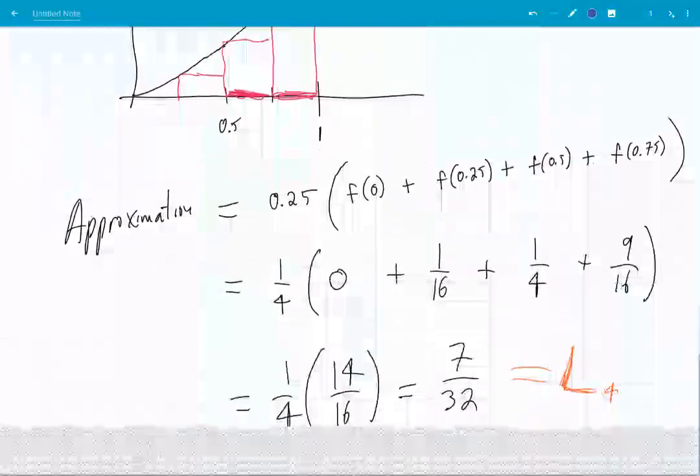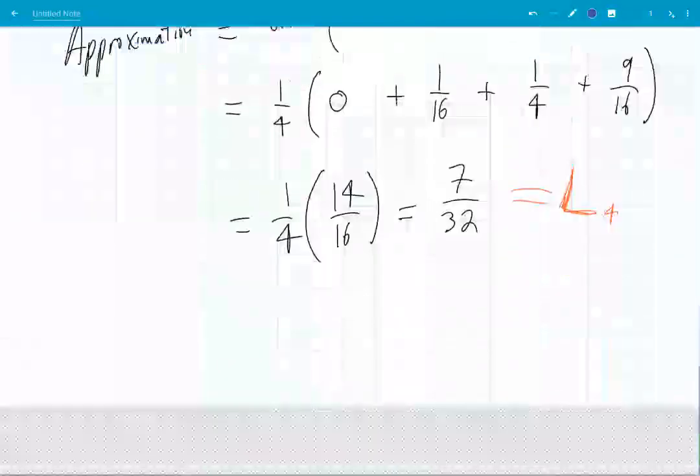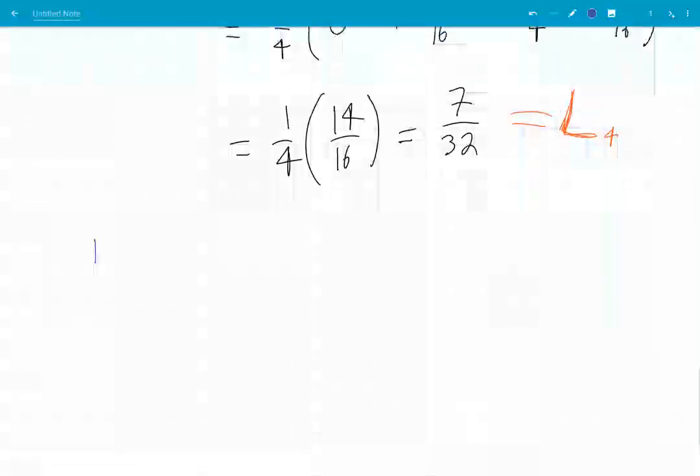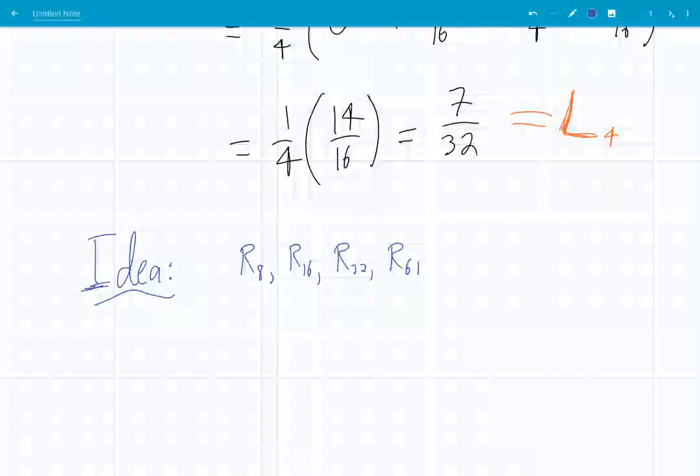Now, I hope you agree that the approximation is going to get better and better and better. So we'll write this down as an idea. R8, R16, R32, R64.